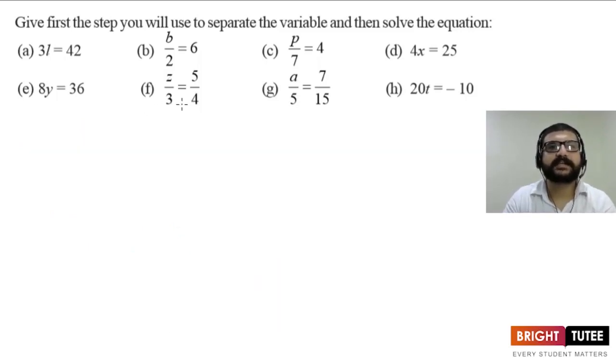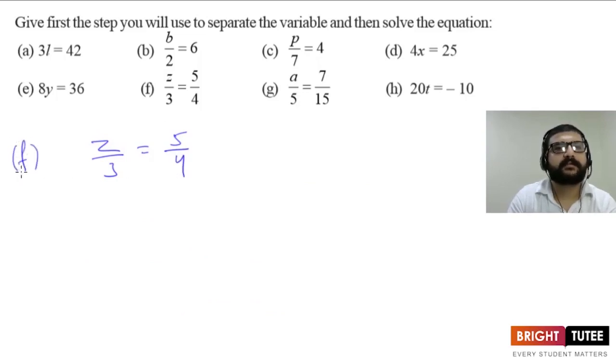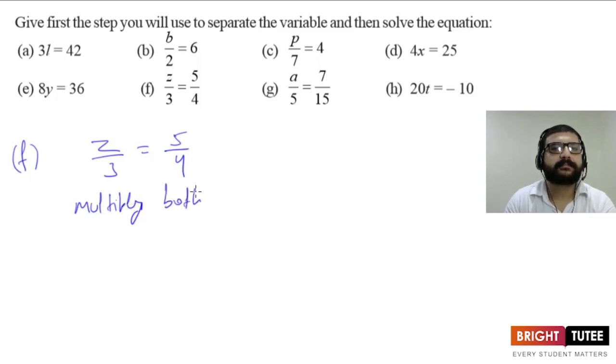Now the next question is z upon 3 is equal to 5 upon 4. Now here also we have to get rid of this 3 which is written in the denominator of z. By doing that we can separate the variable, and what we have to do for that, we have to multiply both the sides of the equation with 3.